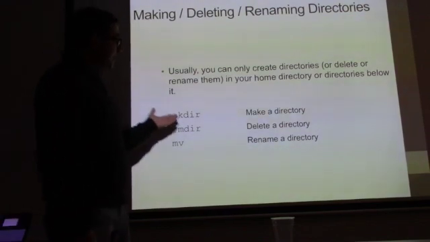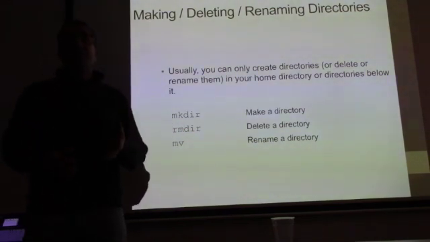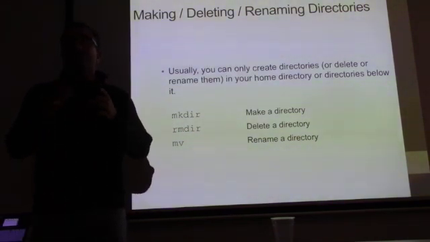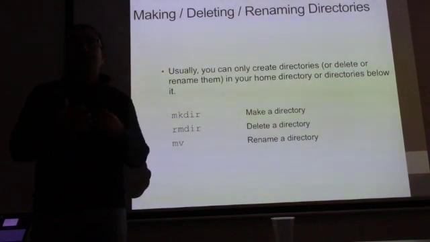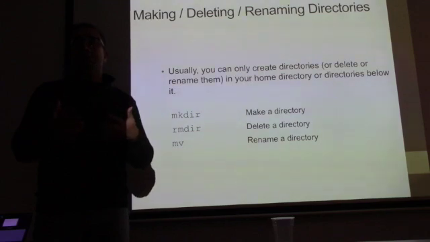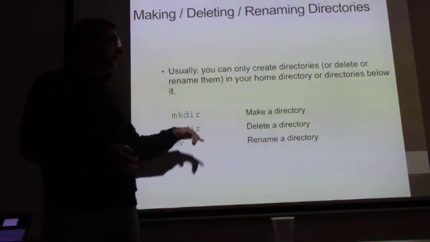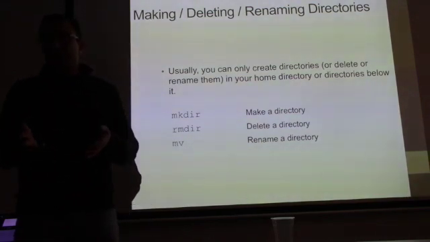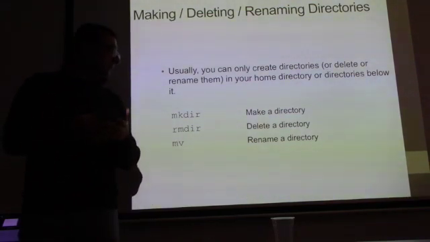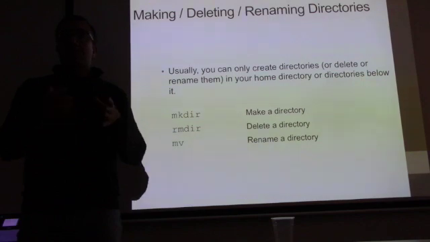So mkdir is a command that helps you create a new directory wherever you are. If you're in the right location and you have permissions, you will be able to create a directory with whatever name you choose. rmdir is a way to remove a directory. All right? There is no trash folder in Unix. Let that sink in.